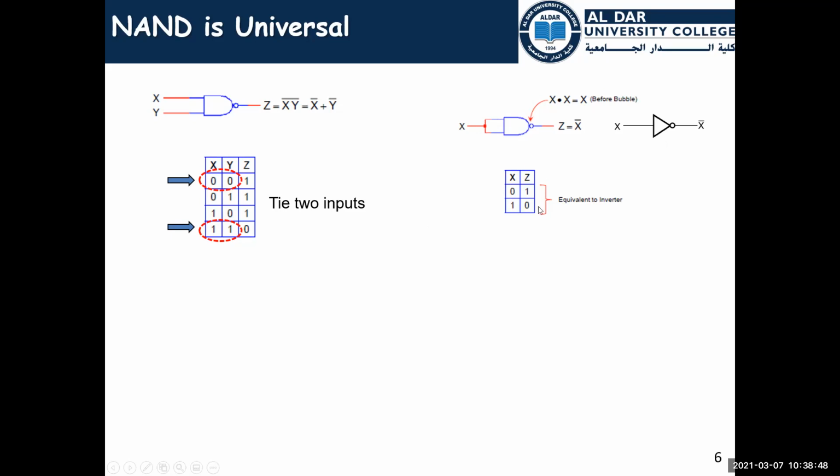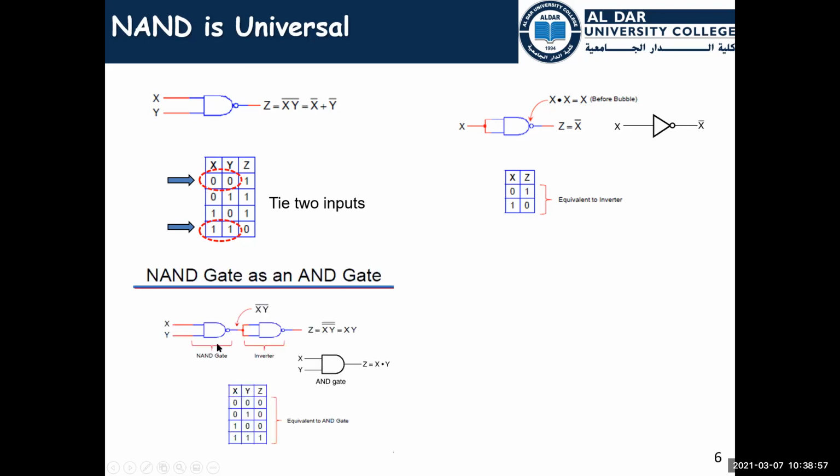So this truth table is equivalent to the inverter truth table. Also, we can have the AND logic using a NAND gate together with an inverter, and we saw that the inverter can be obtained by attaching the two inputs together.